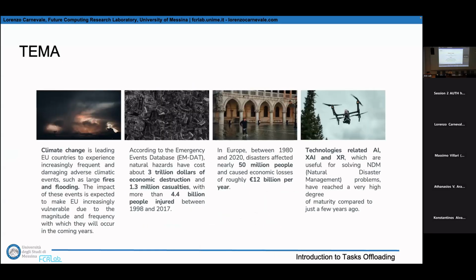This is about the importance of managing natural disasters, because climate change, as you know, is having a big impact in our life, and the number of natural disasters is increasing year by year.